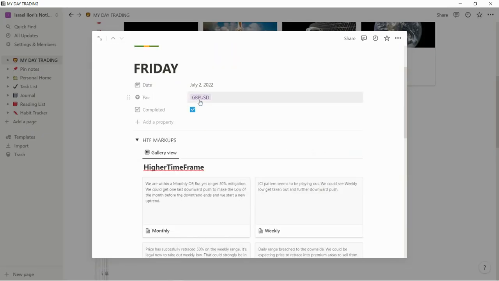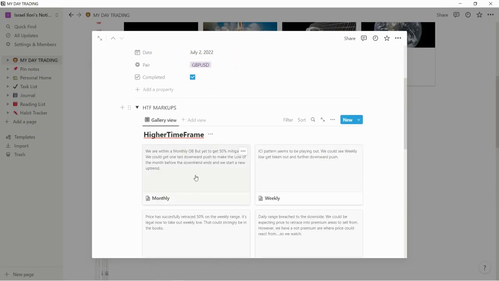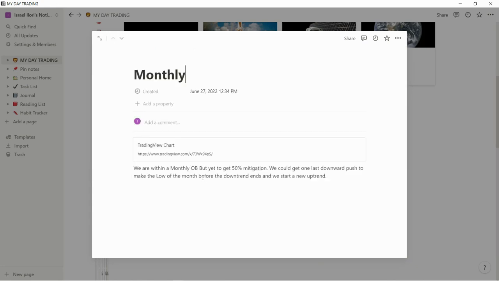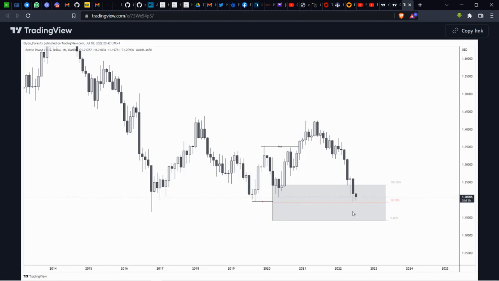So per GBP USD, I started my analysis from the monthly, obviously. Let me just show you guys quickly. On the monthly, as at last weekend, we could see that we had not had this 50% mitigation on the monthly time frame.